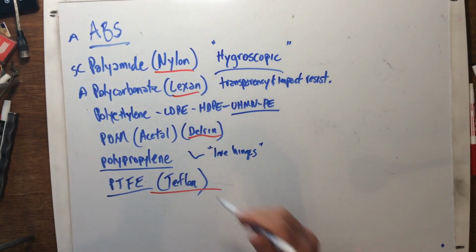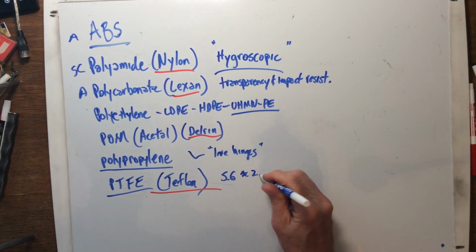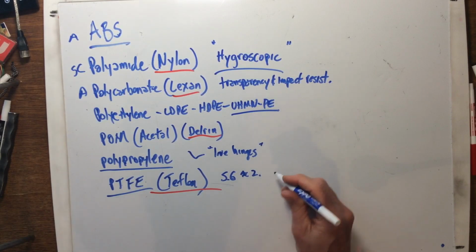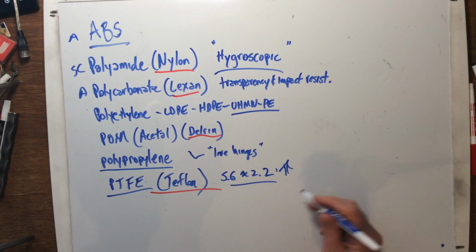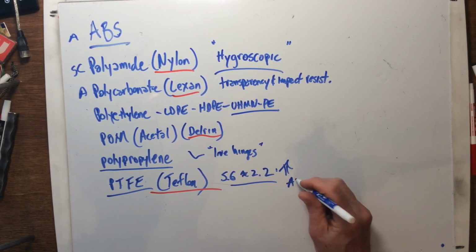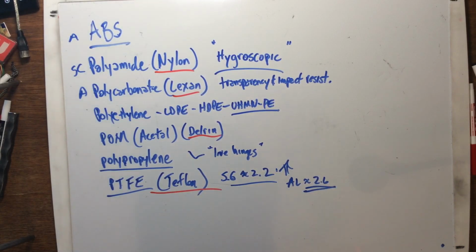It has a specific gravity, get this, right around approximately 2.2, which is extremely high for most polymers, because I think aluminum is approximately 2.6. So it's a very, very heavy, very dense material. And we all know the properties associated with heat resistance, non-stick surfaces, that kind of thing. So it's used a lot in those kinds of applications, and a lot of bearings, gaskets, things like that.